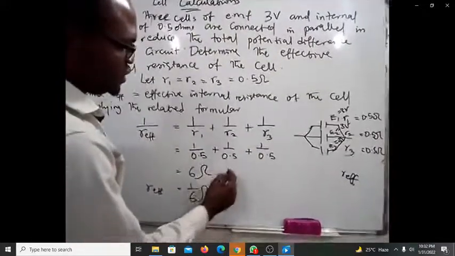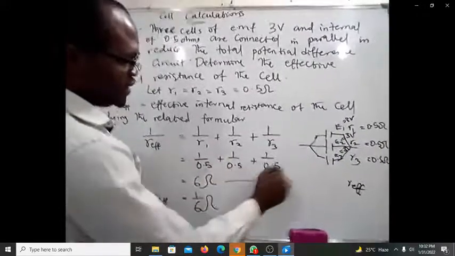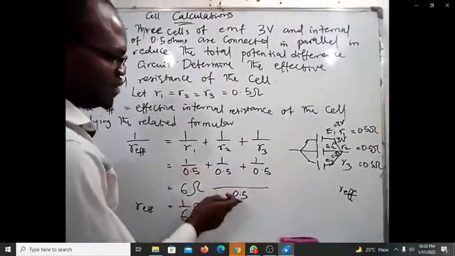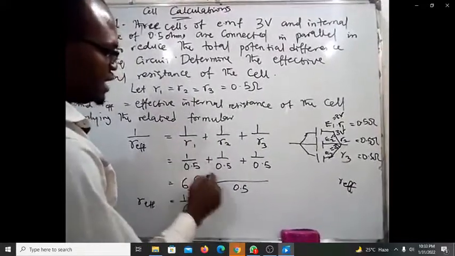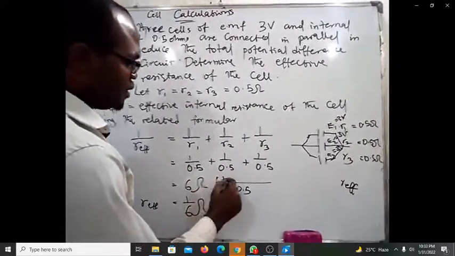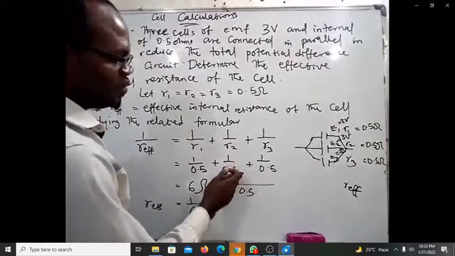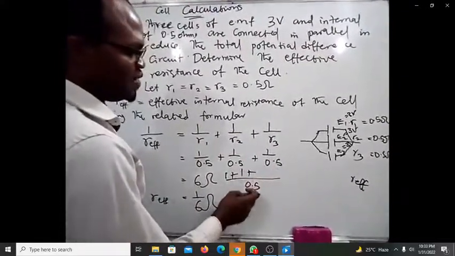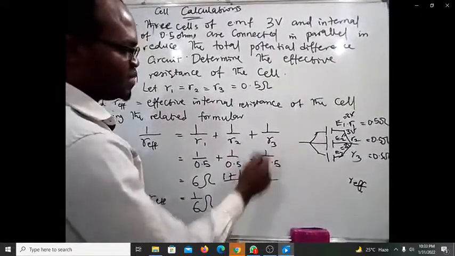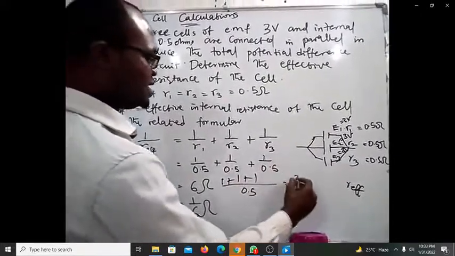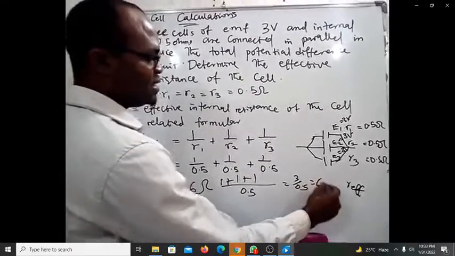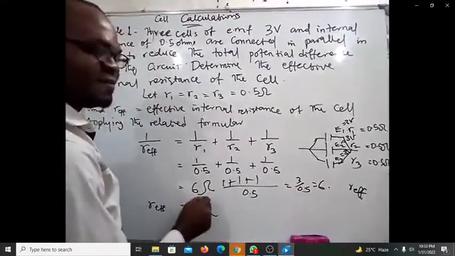The LCM of 0.5, 0.5, 0.5 is 0.5. 0.5 divided by 0.5 is 1, times 1 is 1, and the same for each. So we have 3 over 0.5, and 3 over 0.5 is 6. That's why you got 6 here.